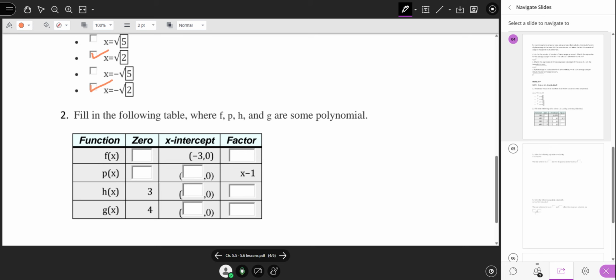Now, those are my, it's called zeros. Now, if I wanted the x-intercepts, then I would put it as an ordered pair.